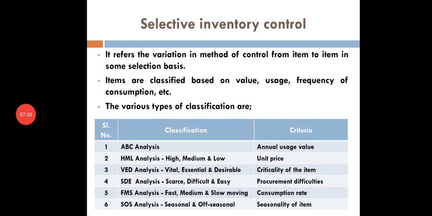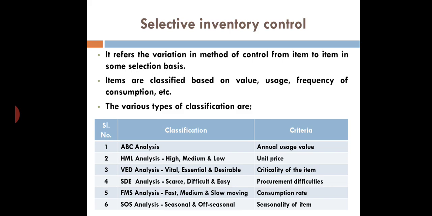In all these control strategies, you will be controlling based on the value, usage, and frequency of consumption. If the value of that item is very low, you don't need to have much control. You can go for a 2 bin system or maximum minimum system. No need to go for fixed ordering, fixed period, fixed quantity, or just in time ordering.